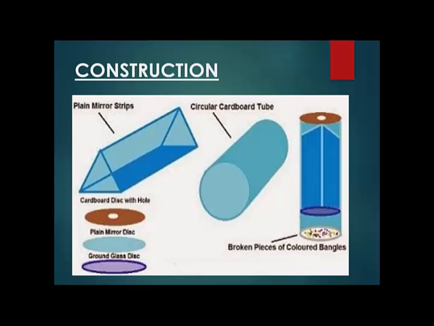It's a triangular prism. You can see here, they have used 3 mirrors and attached them like this. So it forms a triangular prism. The inner surface of the mirrors is the reflecting side.